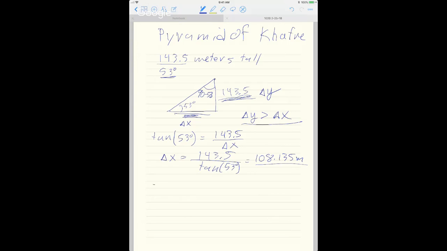So length of base is 2 times 108.1, and that is going to be 216.2 meters. Pretty big structure. Not quite a football field, or 2 football fields-ish.